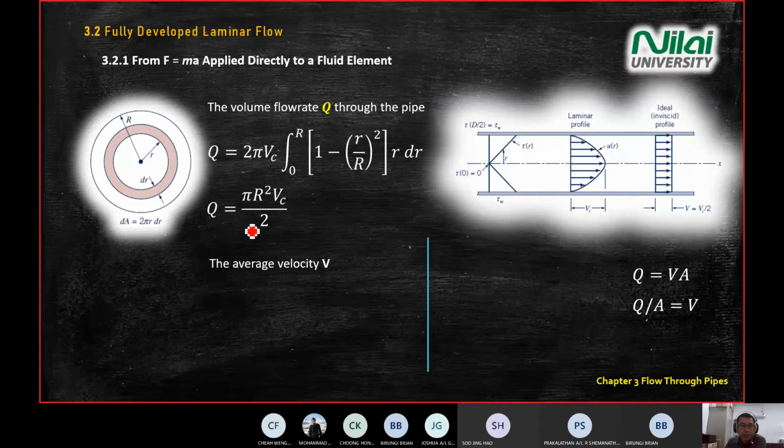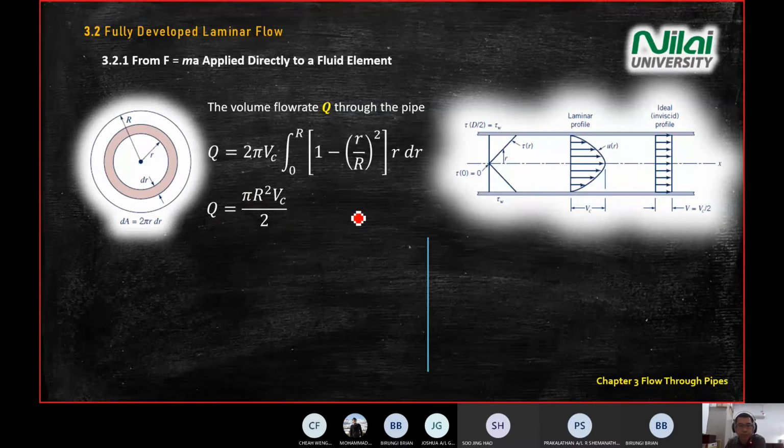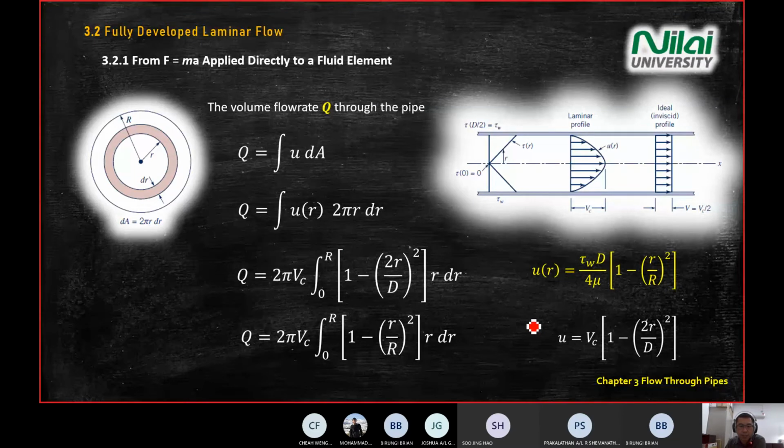So at the end, if you integrate with a boundary condition 0 to R, you don't have a constant value. Straight away you have a finite value. So at the end, you get your Q equal to pi R square VC divided by 2. Again, the relationship of VC was given in the slide. So VC, right?